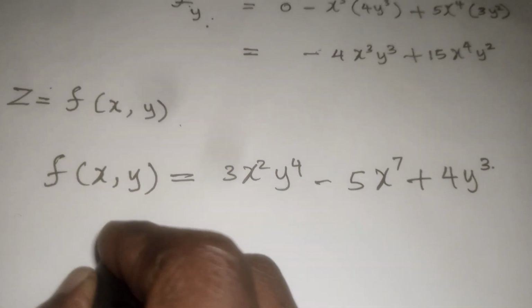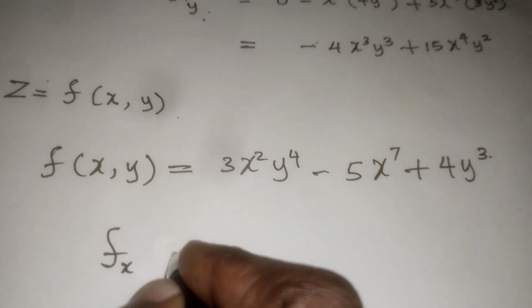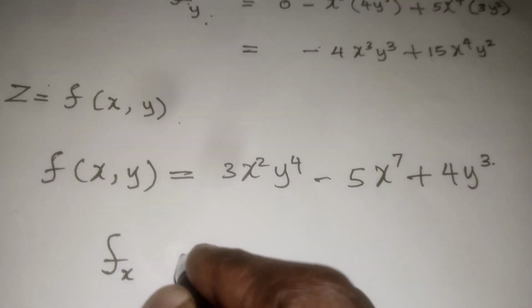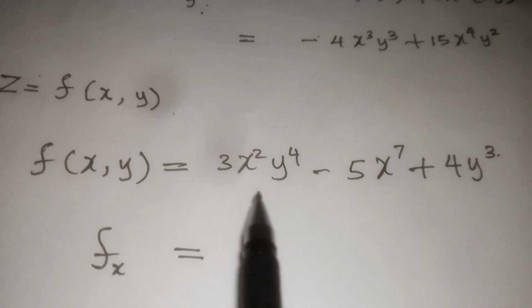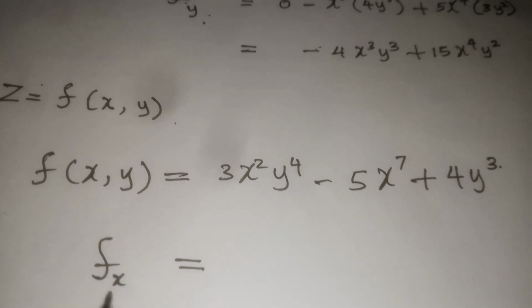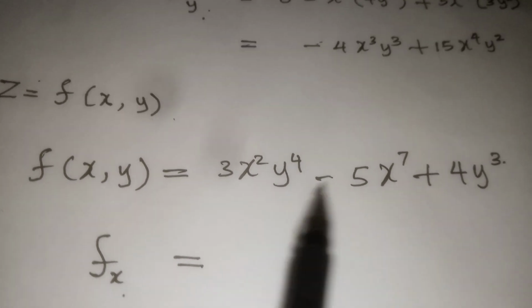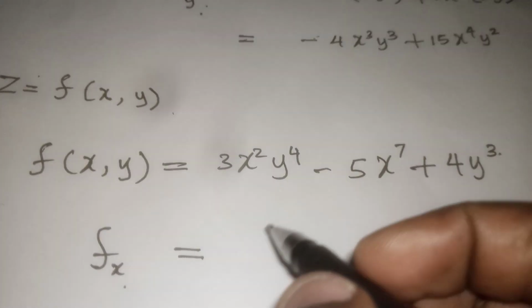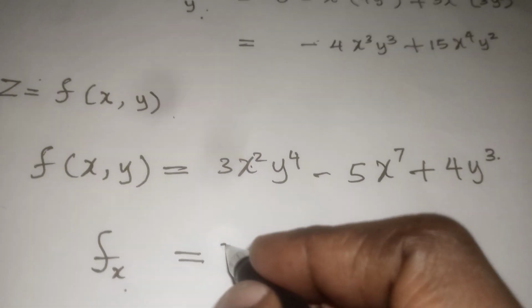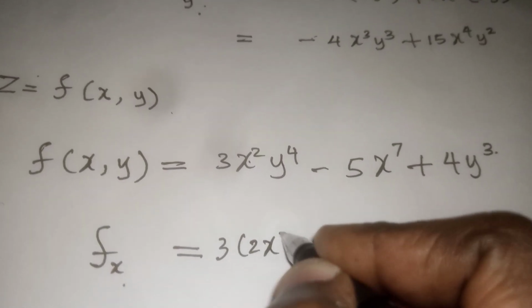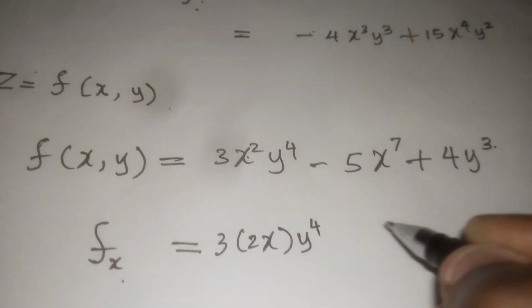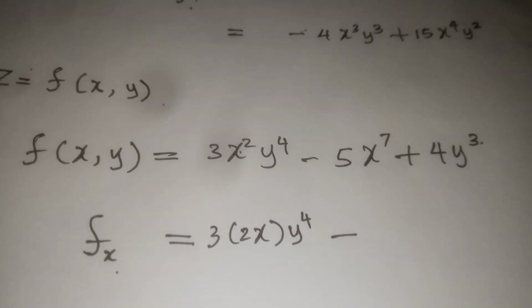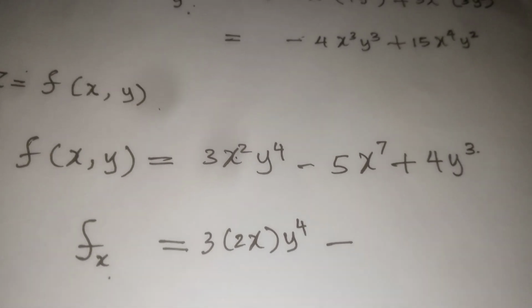Now the solution of this problem. First we have to find fx, with the same procedure as problem number 1. We differentiate f with respect to x, which means that y here is constant. We differentiate only x. If we differentiate x squared, we get 2x. y and 3 remain because they are constant.